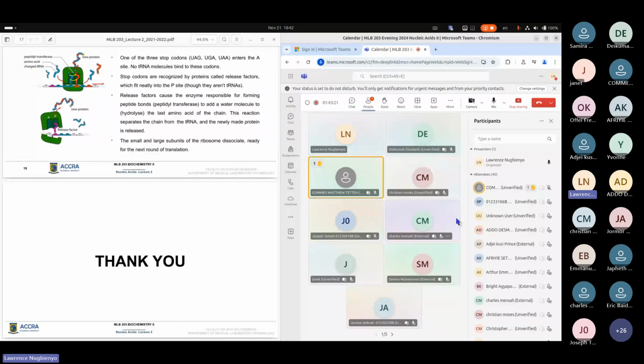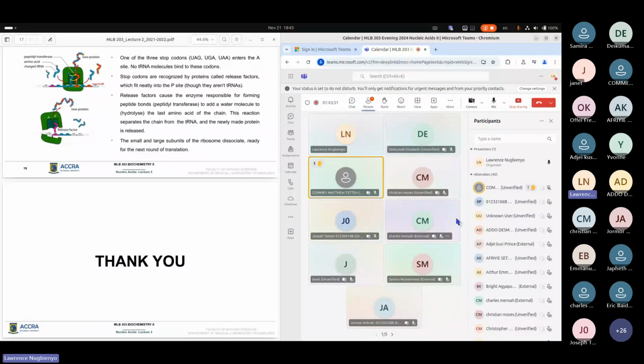I don't think anybody can answer you on why. We only know that's what it does. That is its function. Maybe if you say why, it's because the process must end. And if the process must end, just like when you write a sentence, there must be a full stop. So something must stop it. So there is that codon that is responsible for making sure that the process ends.